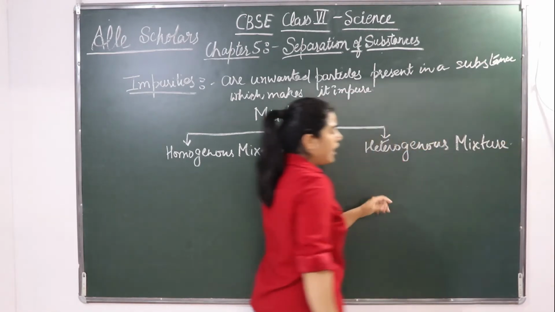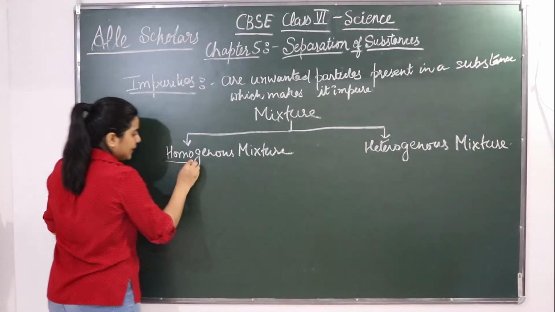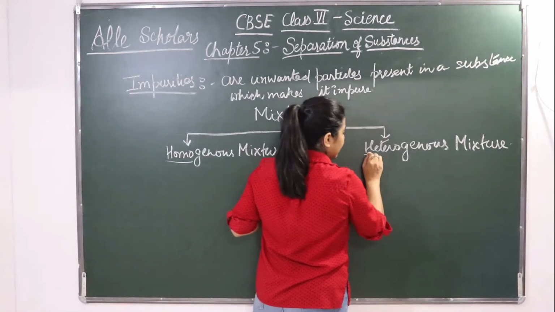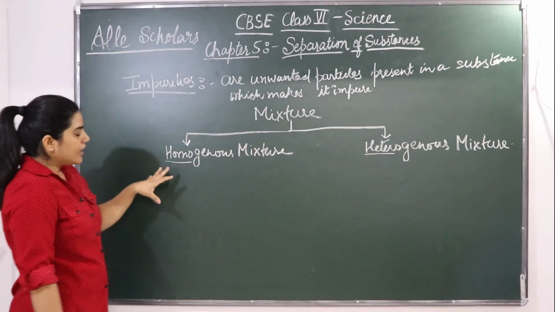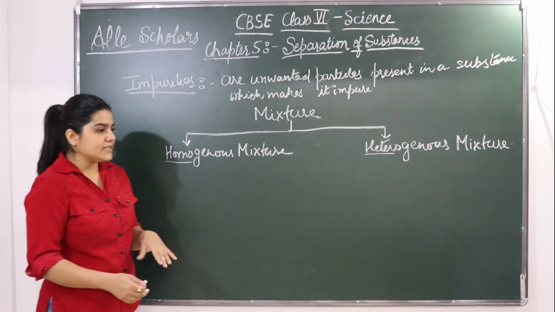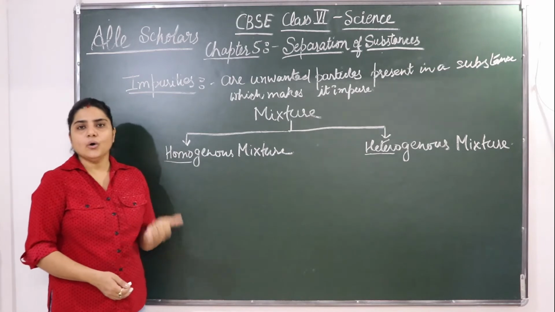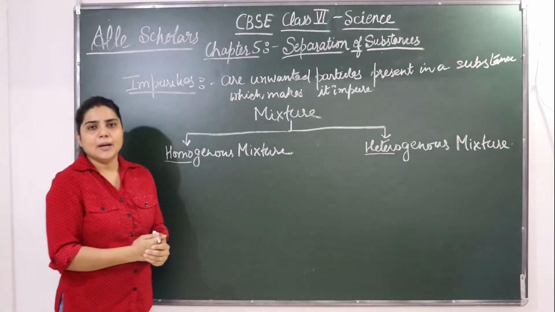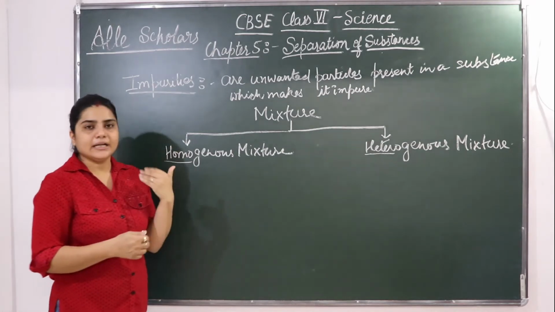Okay, now as the name says, homo means similar and hetero means different. So the mixture in which particles of the substances present cannot be seen is called a homogeneous mixture. Means the same type of particles are present.